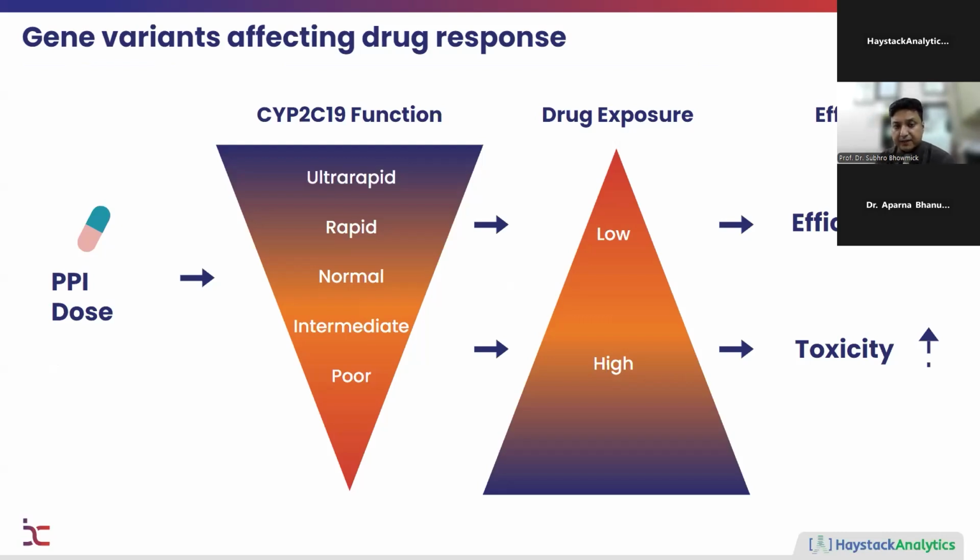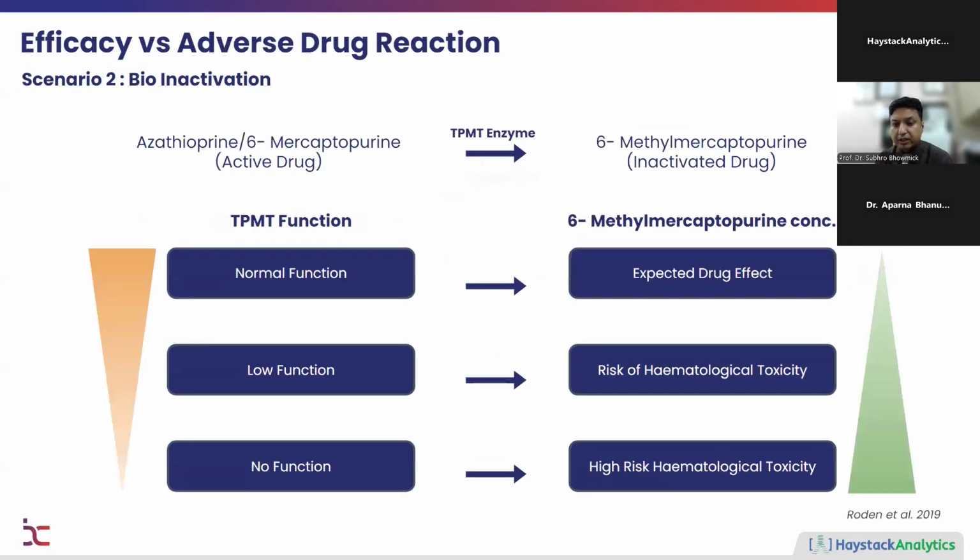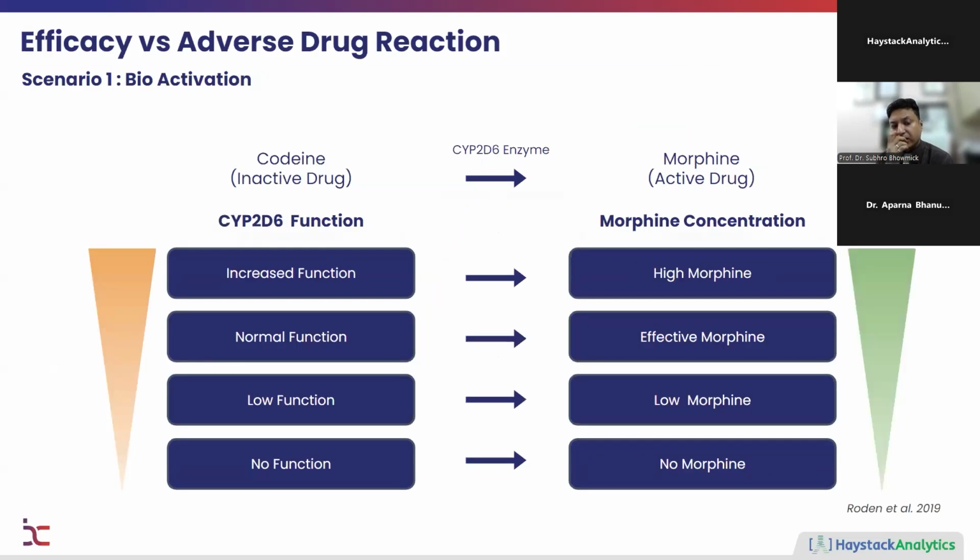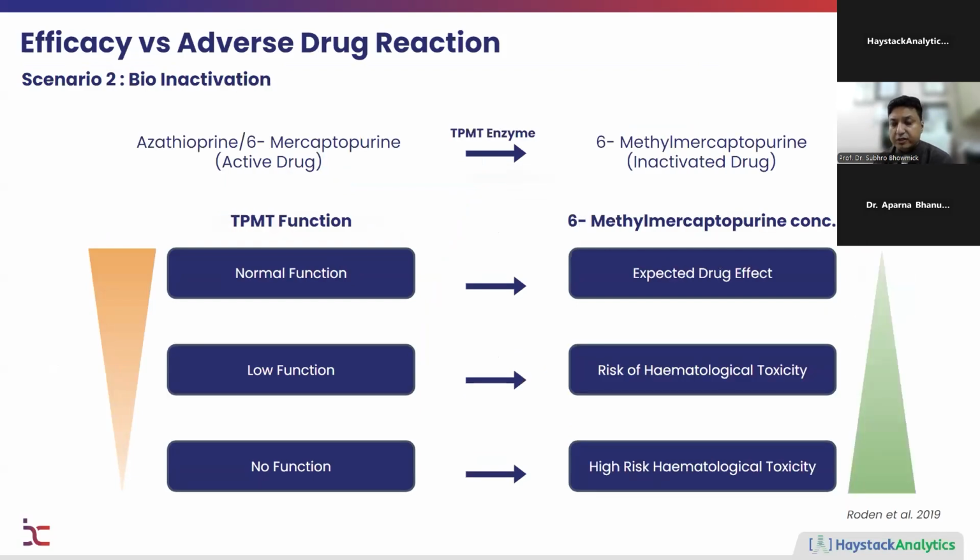There are various other drugs like codeine, which is converted into the active drug morphine, and this is done by the CYP2D6 family as well. In case of oncology, as I mentioned, this branch requires a lot of genetic testing because every tumor is different. 6-mercaptopurine, which is used in many cancers, undergoes inactivation by the TPMT enzyme.